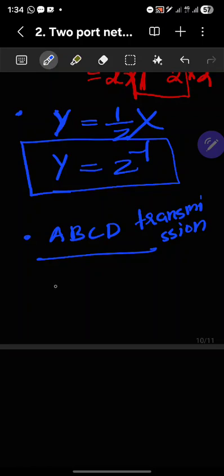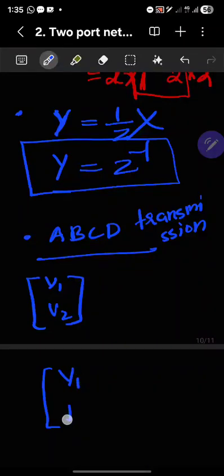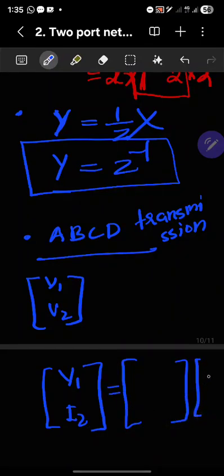Previously, for Z parameters, we wrote V1, V2. In ABCD parameters, or transmission parameters, how it differs is that the voltage V and I2, we are going to write in terms of V1, V2 and I1.